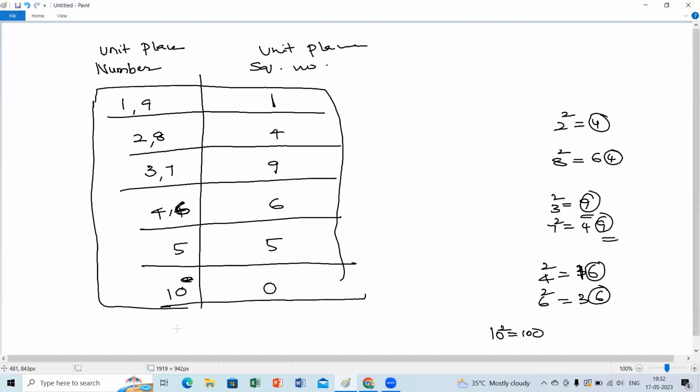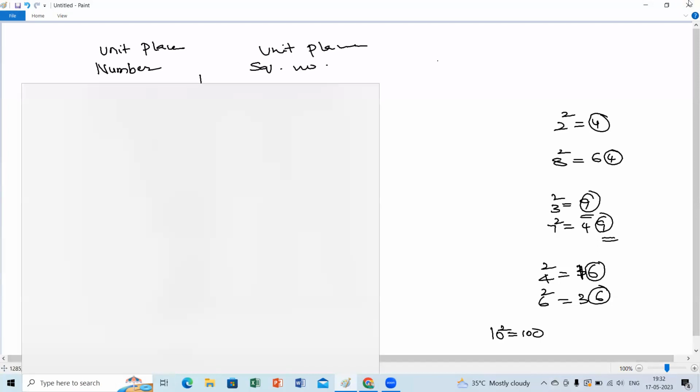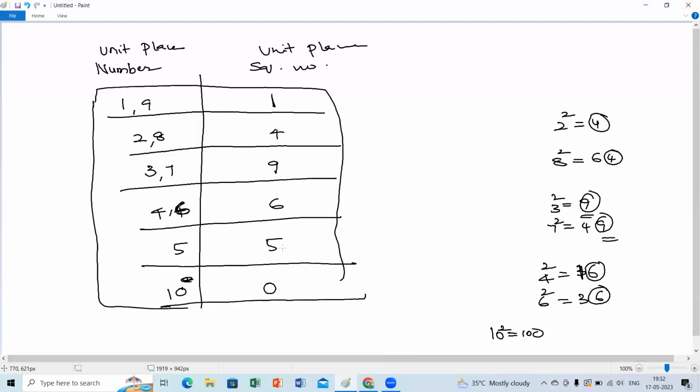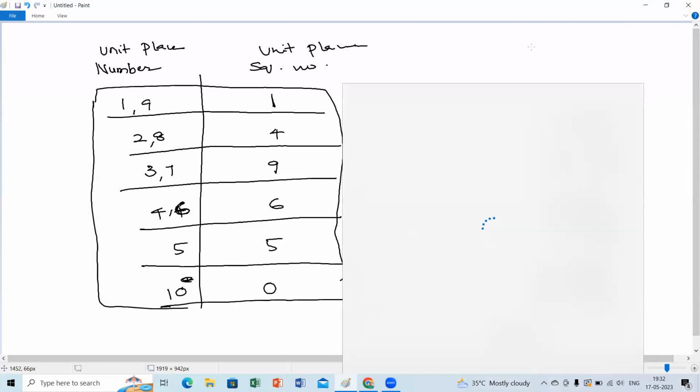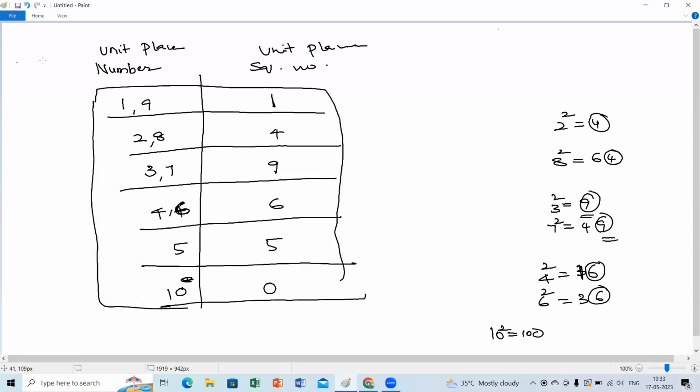Which number is the same here, children, in square and square root both? Which number is same? 6, 6. Is it 5? 5, 5 is same. Any other numbers like that? For 5, 5, 6, 6, and 1, 1.